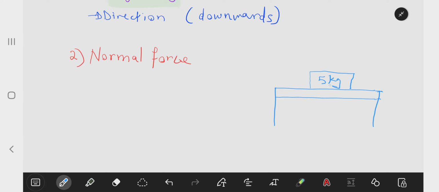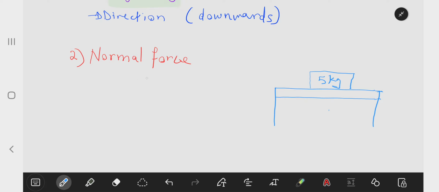And we have gravitational force acting downwards, okay? So now this is on a table, and this object is resting on the table because there is a reaction force which is balancing the weight, right? Which is making that object remain on that surface.